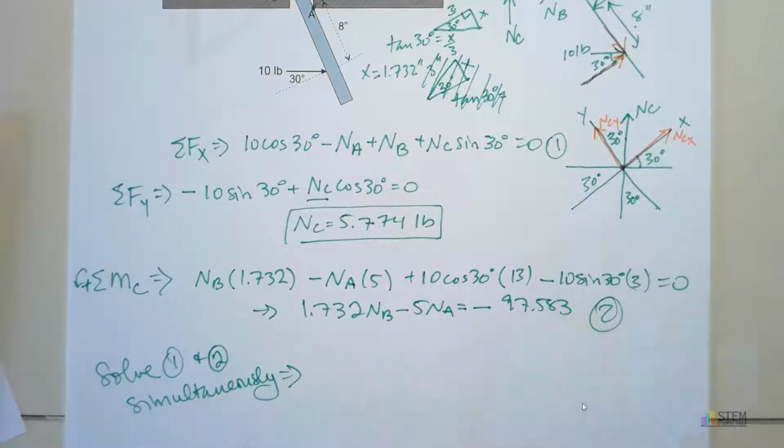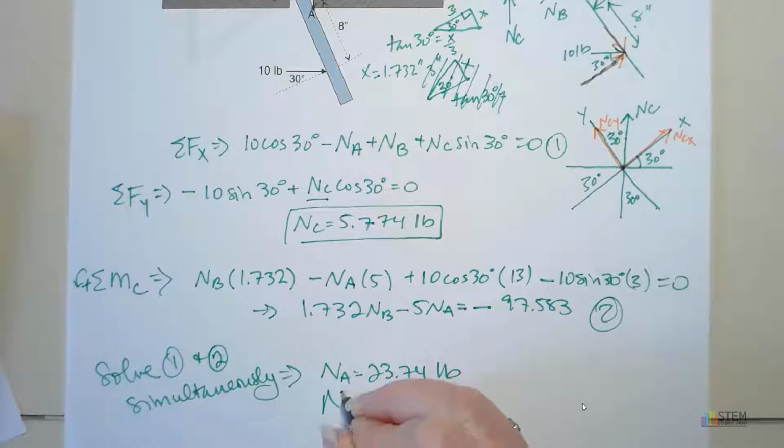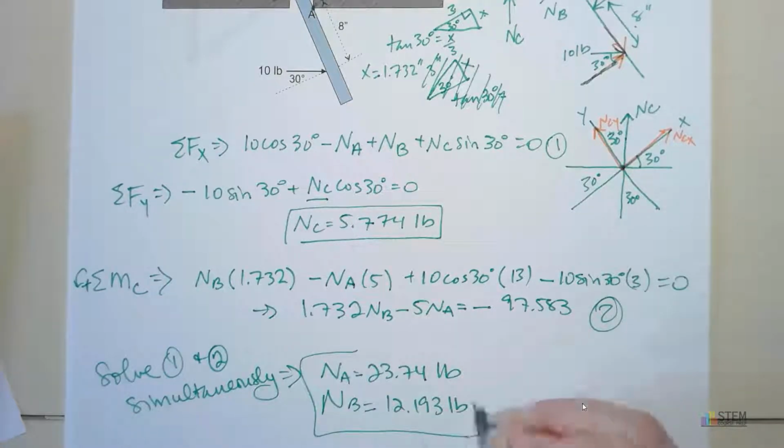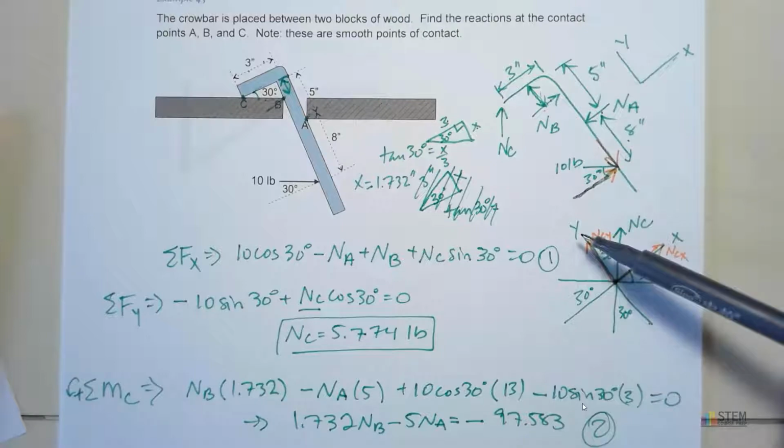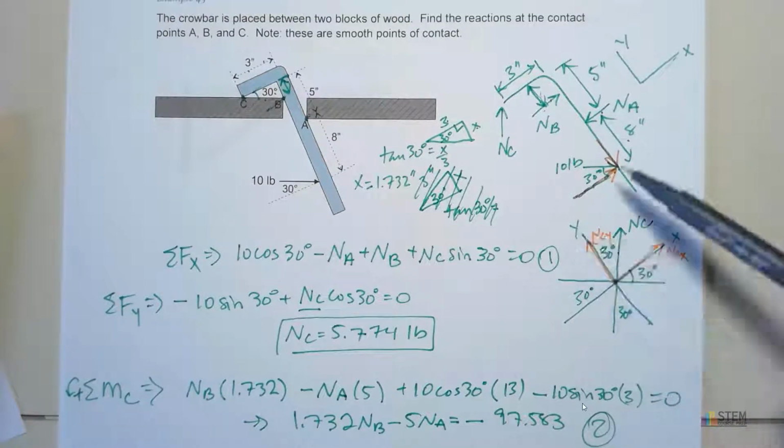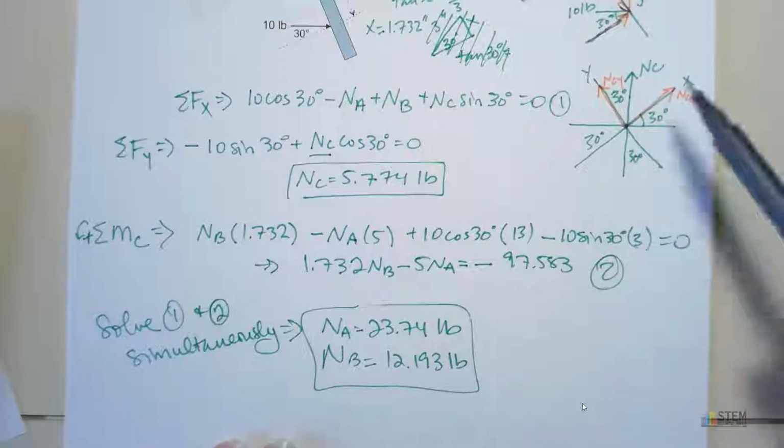If you do that, you'll get that NA is 23.74 pounds, NB is 12.193 pounds. Those are both positive. That means we picked the right directions up here, which we kind of already knew those were the right directions, but this confirmed it.